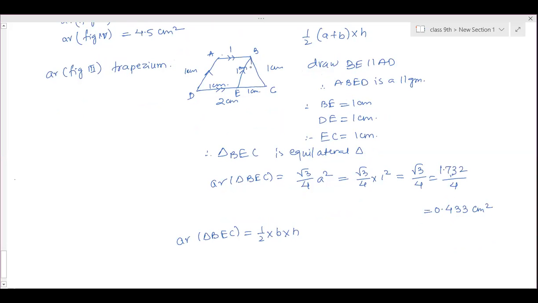So height is this. What is the base here? 1. Half into 1 into h, and the area of BEC we already got as 0.433. So this half will go to the other side: half into 1, 1 into h is h. Half will go this side. 0.866 is equal to h.